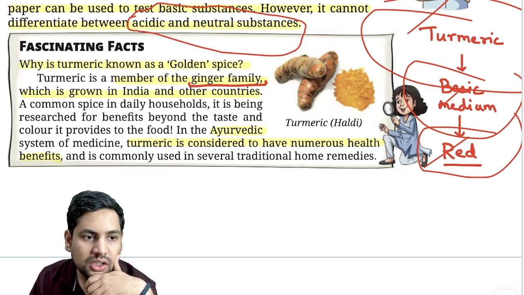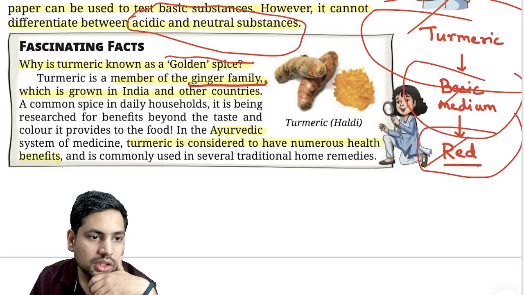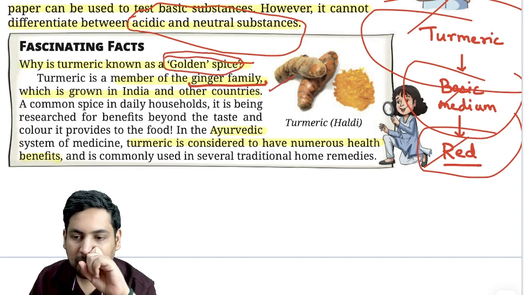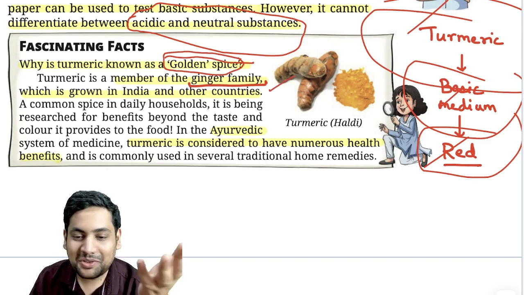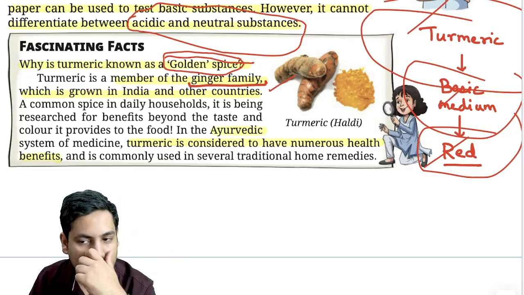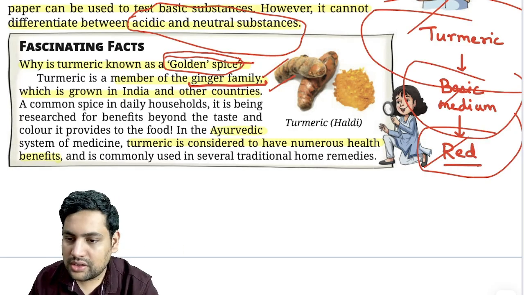Turmeric is called a golden spice. Now, it is a member of the ginger family. Please remember this. Ginger, you understand? Of course you do. So it also grows and looks similar to ginger. That's why it is said to be from the ginger family.